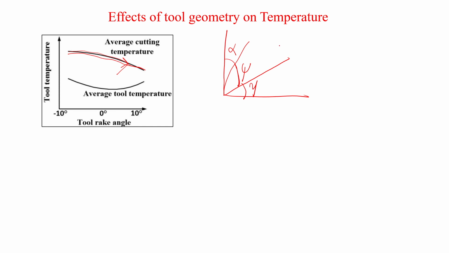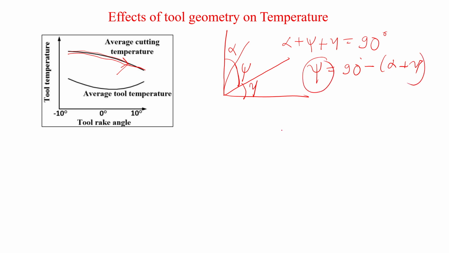Alpha is rake angle, psi is tool angle, and gamma is clearance angle. We can see alpha plus psi plus gamma is equal to 90 degrees, right? And psi equals 90 minus (alpha plus gamma), and psi is the tool angle.